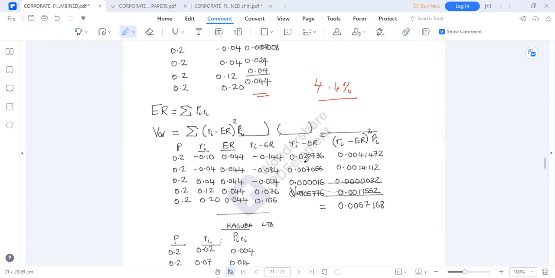Then I square this answer. By the way, whenever I square any negative or positive number, it becomes positive. So we get 0.0144. Are we following? Are we moving together? Especially for those that have not done this topic before.